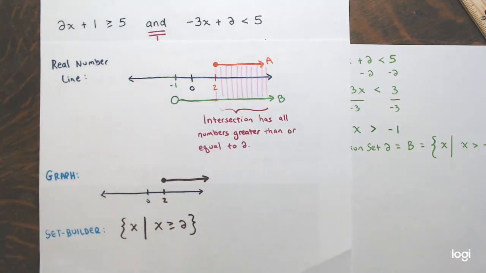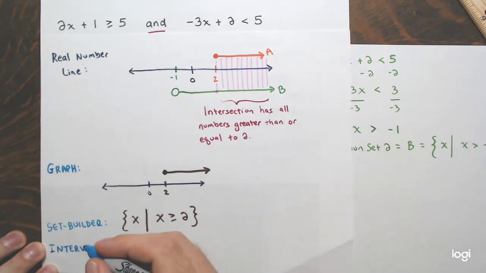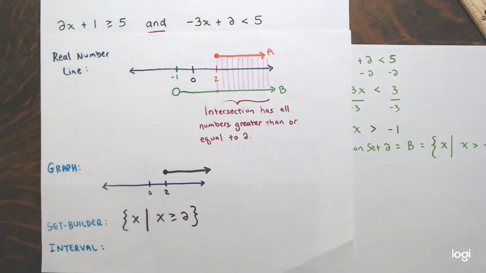All right. And then finally, they ask us to write the solutions in what's called interval notation. So I'll just write, we're writing an interval down here. And again, if you've seen other videos of mine, you can see how to write sets of numbers in interval notation. I'm not going to go that much in depth here.